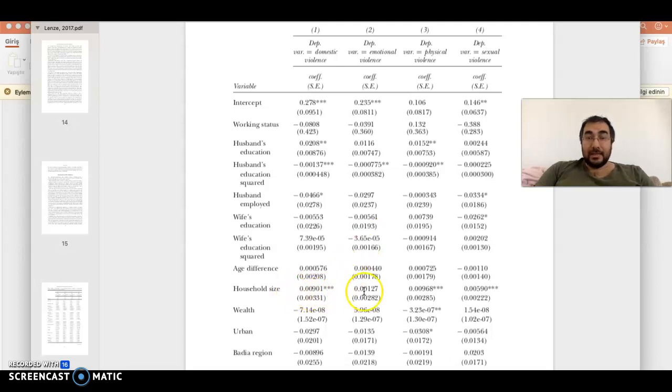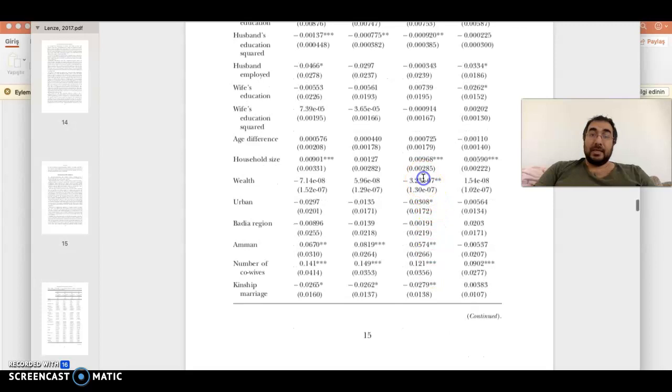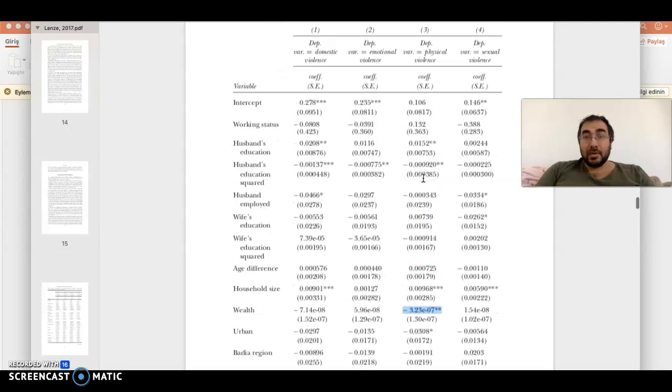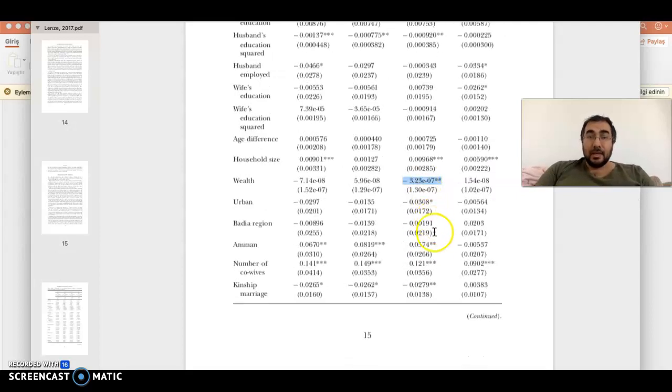Household size is increasing the sexual and physical violence. Wealth in general decreases the sexual. No, this is physical violence. Well, living in an urban area decreases the physical violence. Living in Amman, that's the capital of Jordan, increases the physical violence.